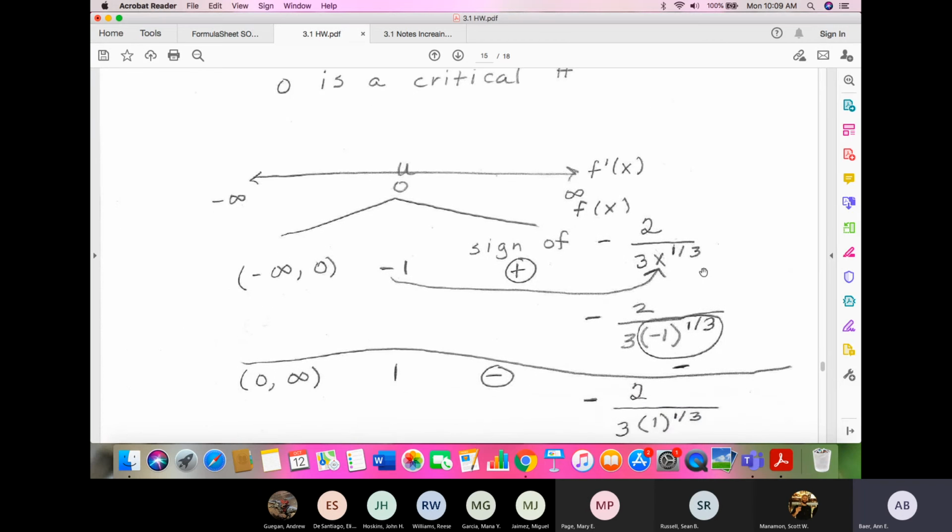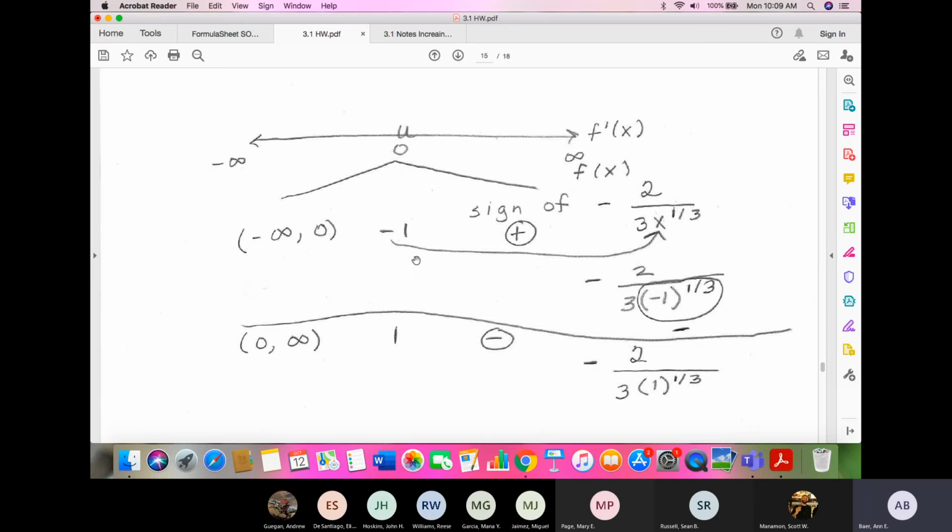So we want to take this -1, plug it in for x. We get -2 up here, 3 times -1 to the 1/3. You can figure out what this is on your calculator.